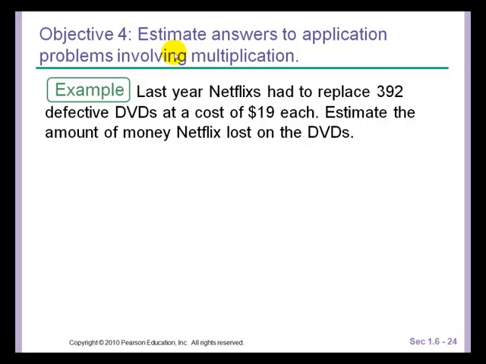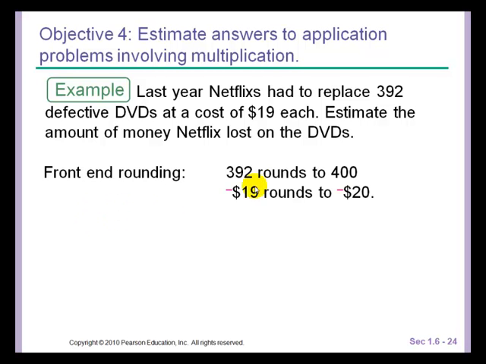Lastly, we'll estimate answers to application problems involving multiplication. Last year, Netflix had to replace 392 defective DVDs at a cost of $19 each. Estimate the amount of money Netflix lost on the DVDs. We're going to estimate using front-end rounding. So 392 rounds to 400, and negative 19, it's a negative because they had to spend $19, so they lost $19, rounds to negative 20.